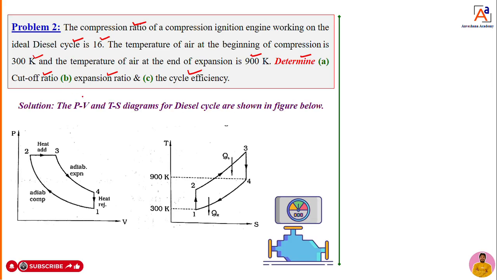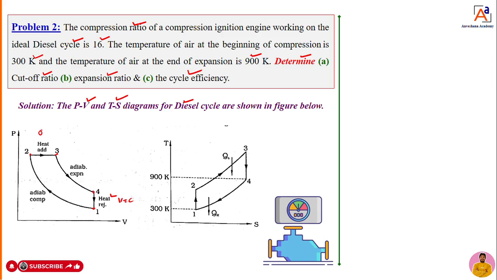So to solve this diesel cycle problem, I need to draw the PV diagram and TS diagram for the diesel cycle. What is a PV diagram, dear students? That you already know. In this PV diagram, 1 to 2 is the adiabatic compression process, 2 to 3 is heat addition at constant pressure, then 3 to 4 is expansion, that is the adiabatic expansion process, and 4 to 1 is heat rejection at constant volume.